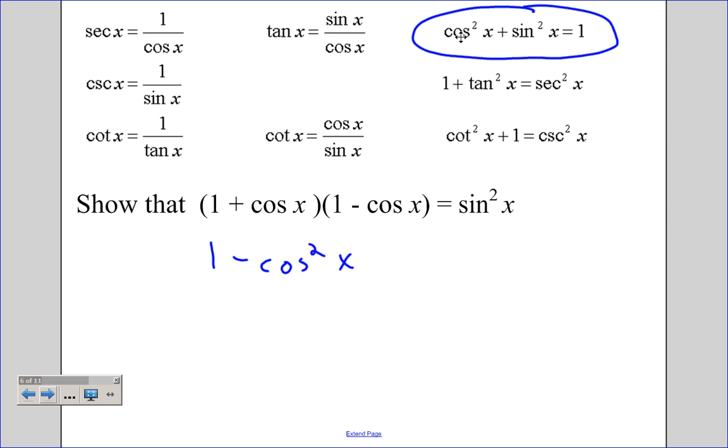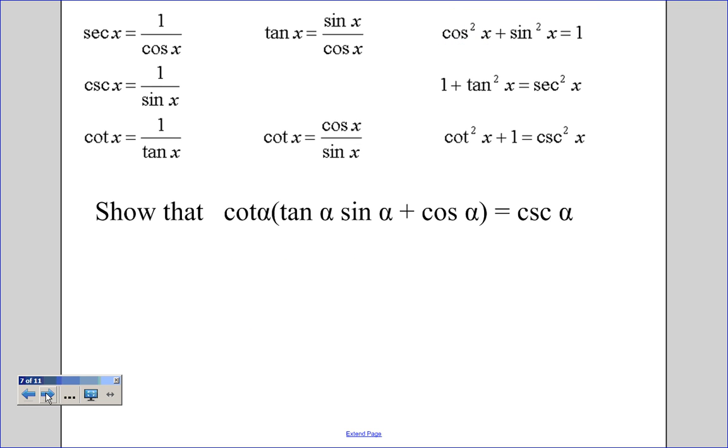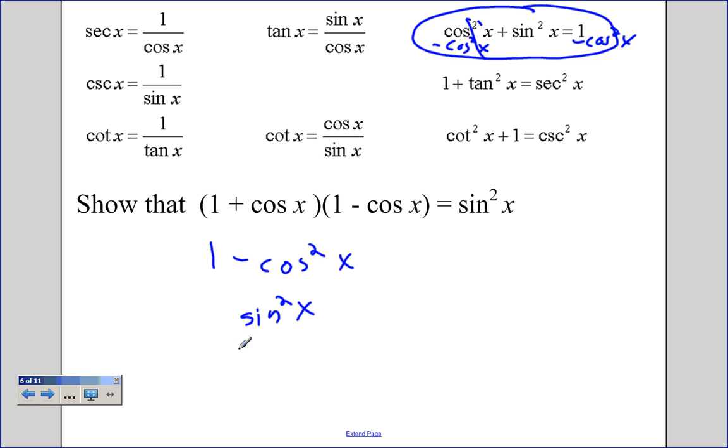We want to turn this cosine squared x into a sine squared x. So if I subtract cosine squared x on both sides, 1 minus cosine squared x is going to equal sine squared x. So that just turns into sine squared x. And by that, we get to the right-hand side, so we're done.